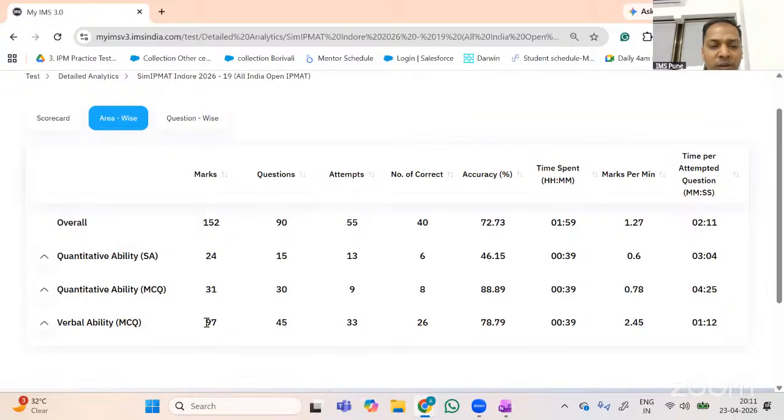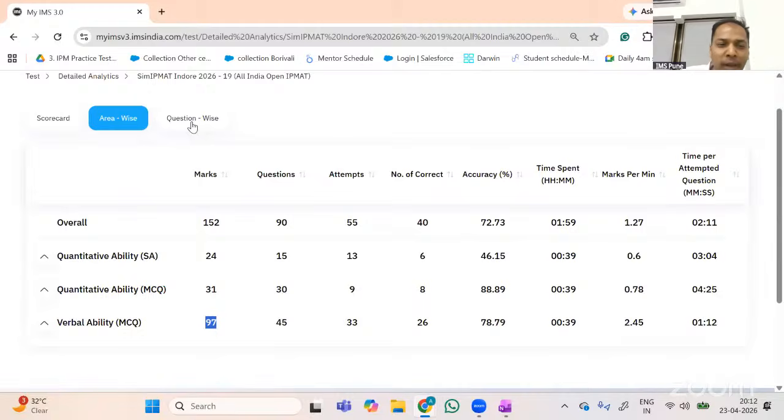But generally, for someone who's preparing genuinely for these entrances, a good score in the verbal ability section would have been around 130 or so, 130 plus. In the QA MCQ section, a good score could have reached around 35 to 40. So maybe a couple more questions and QA MCQ would have been quite good. I'm quite satisfied with my QA short answer section score, right?